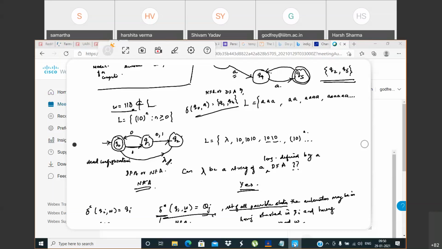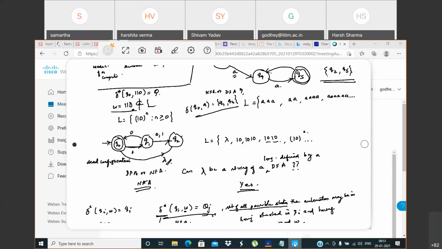So the delta transition from Q0 comma 110 is going to be an empty set, right? So we say that this string is not accepted.